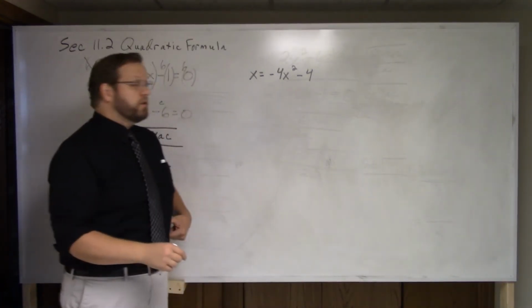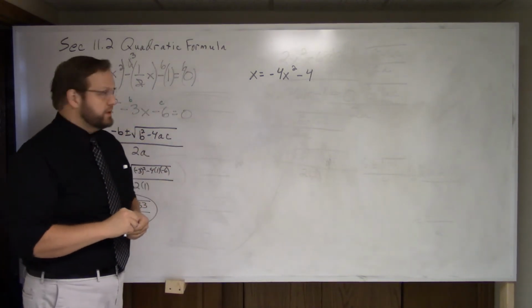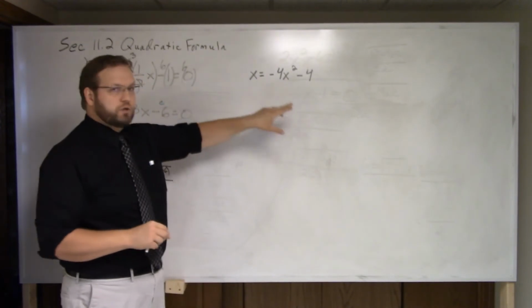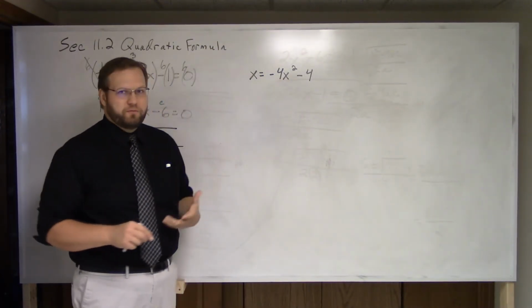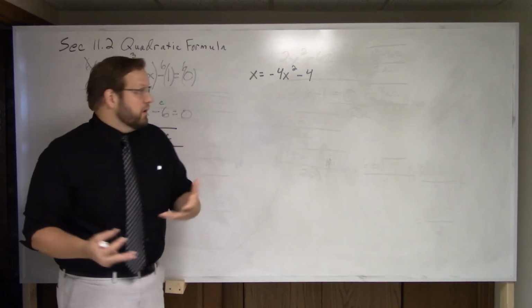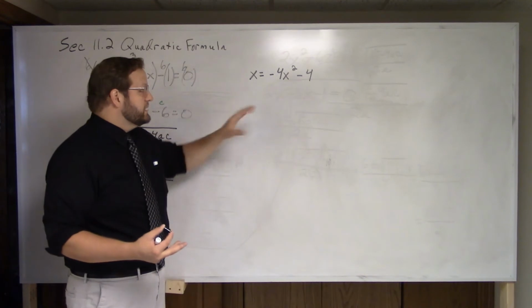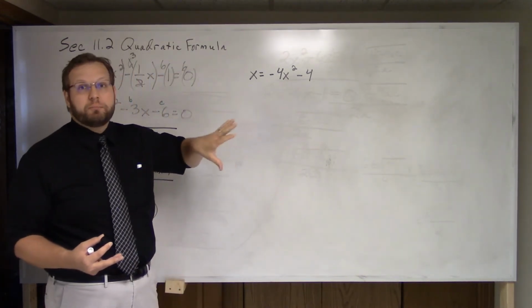Now, again, the first thing that we should be doing is getting a 0 on one side. Now, a lot of people want, well, there's just one thing here, so I'm just going to move that x over. But again, then we got a lot of negatives there, especially that negative out in front. Like I said before, if this is factorable, I would want you to factor it. So still, I would get everything over to the side that makes the x squared term positive.